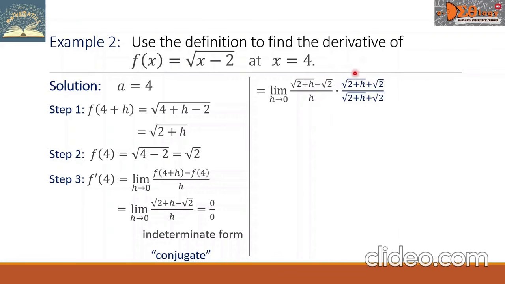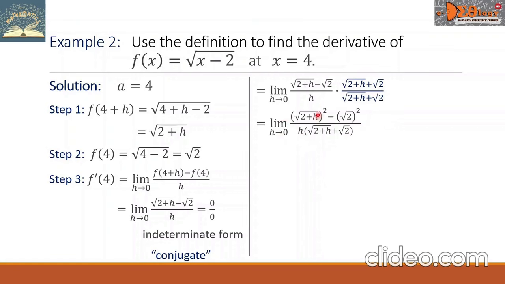In the numerator, we apply our special product. So we have the square of the quantity, square root of 2 plus h, minus the square root of 2, all over. In the denominator, we just put together the two values. So we have the h times this group. We will take the limit later.